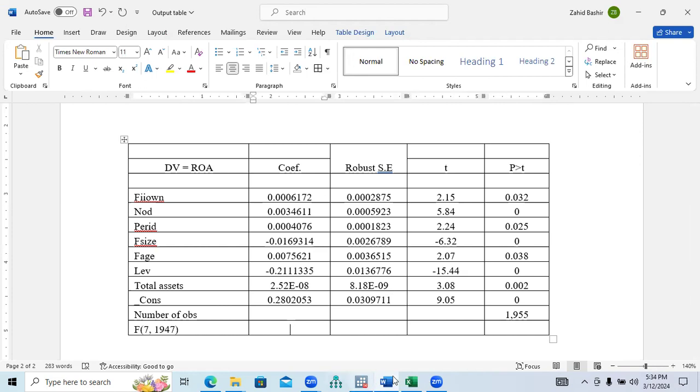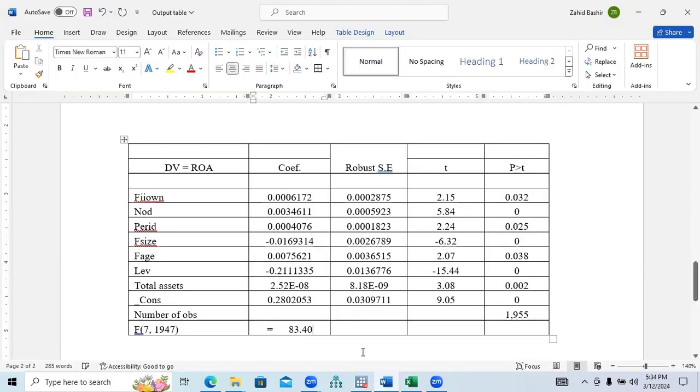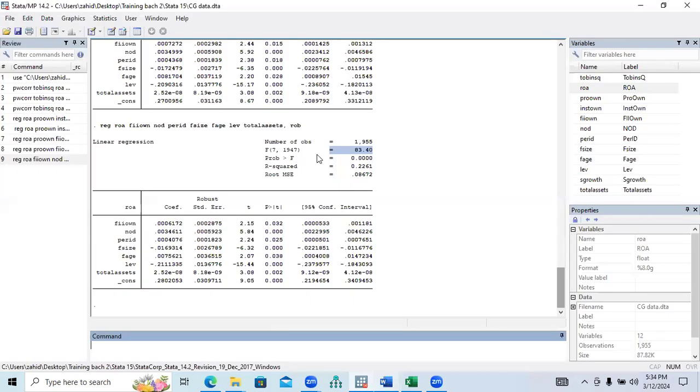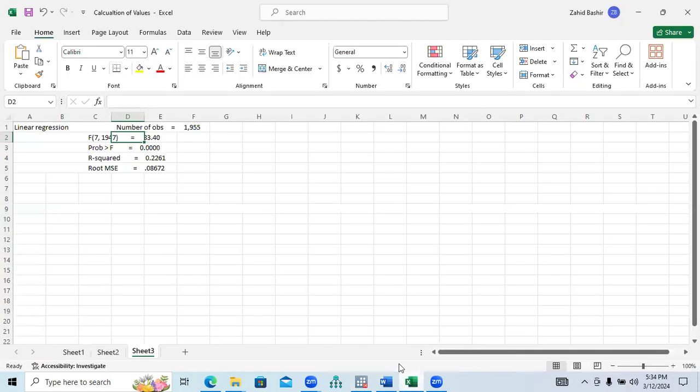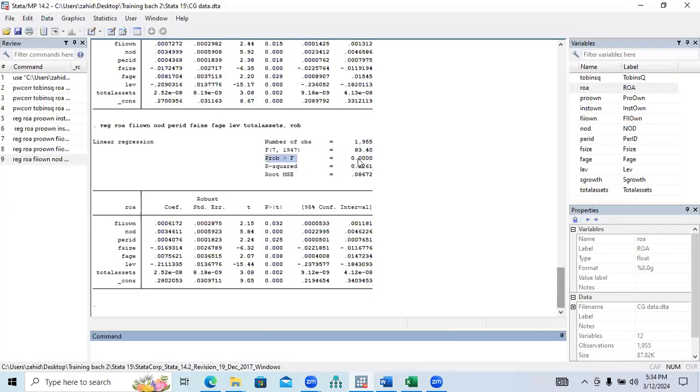And whenever you need to include the F value, always remember that this value comprises the F value and its significance too. So we can arrange it in two different rows, same rows, sorry. That is probability greater than F here, because they are indicating the same thing, like this.